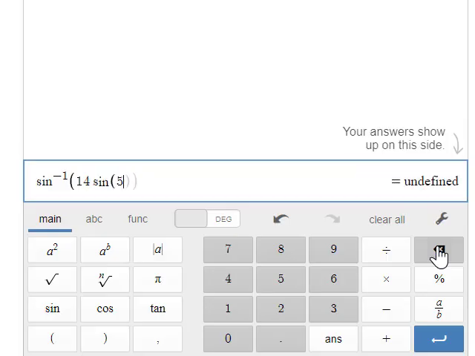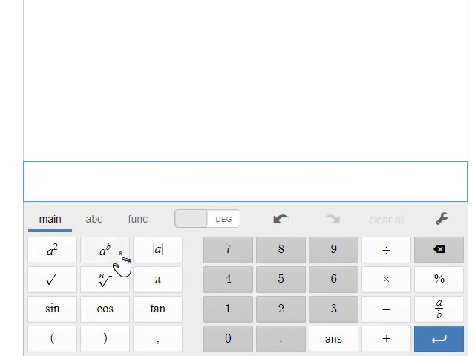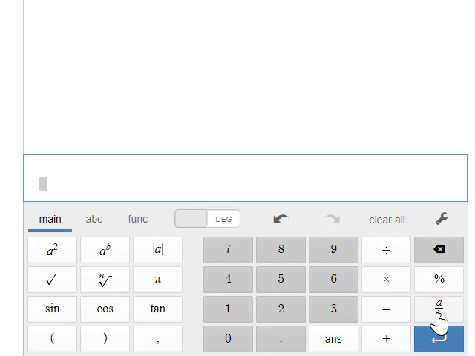I'm going to clear all. Oh, I'm sorry, I'm going to have to write the fraction down first. Fraction, 17 sine of 81 all over the sine of 56, which is approximately 20.